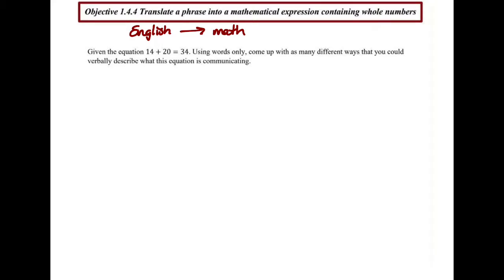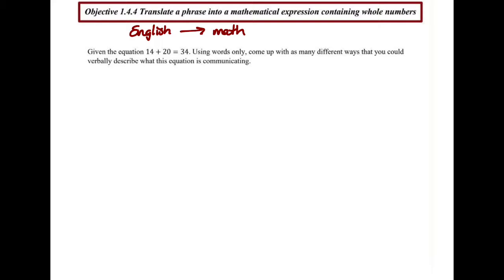So given the equation 14 plus 20 equals 34, using only words, come up with as many different ways that you can verbally describe what it's communicating. Okay, so 14 add 20 is 34. That's one way, right? You could say 14 plus 20 equals 34. But now let's get a little bit more creative.